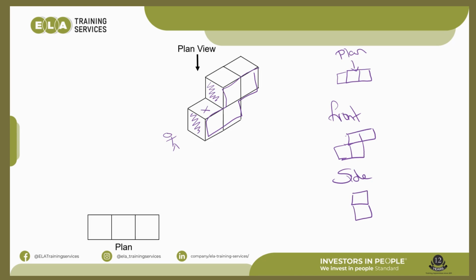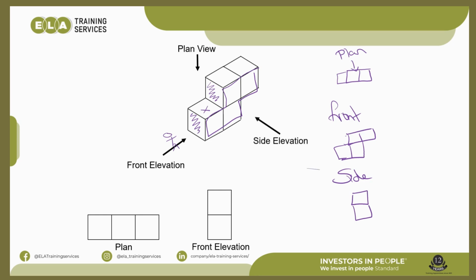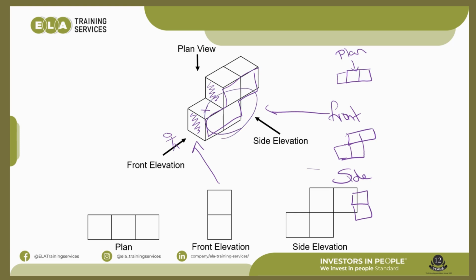This is what I've drawn as the side, and lastly the side elevation is what I've drawn as the front. As long as you're consistent in your labelling, so I would have had to have drawn an arrow here saying front and here saying side, it doesn't actually matter whether you call this the side elevation or the front elevation, but obviously from the top it's always going to be a plan view.